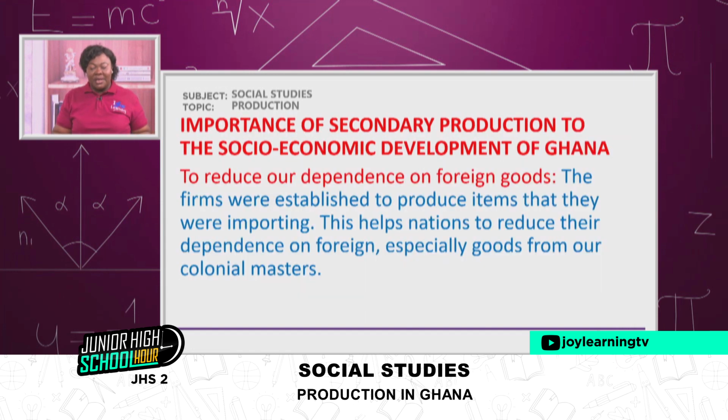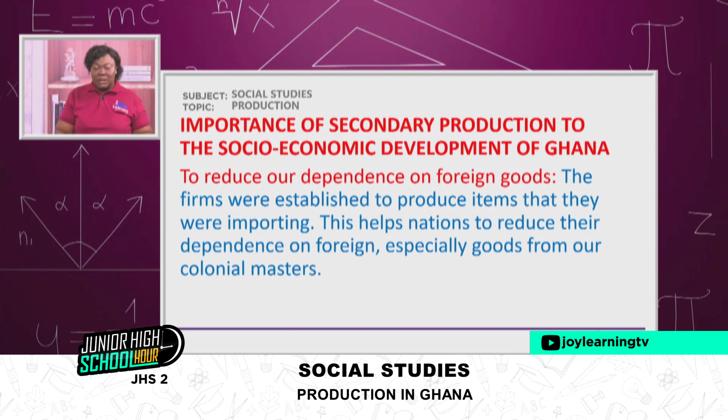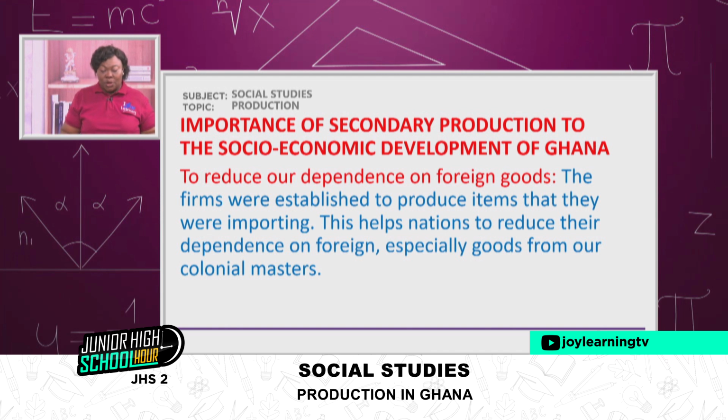Importance of secondary production to the socio-economic development of Ghana. So we had the primary one and then the secondary. Let's look at what the secondary production does to the socio-economic development of Ghana. To reduce our dependency on foreign goods, it's very, very important for us to depend on our own products.